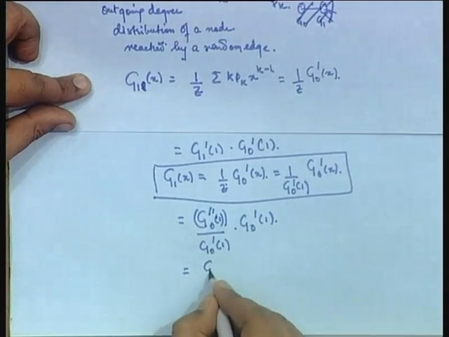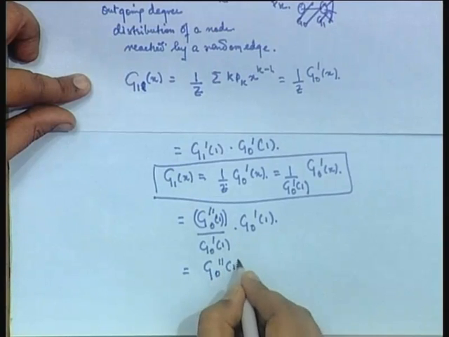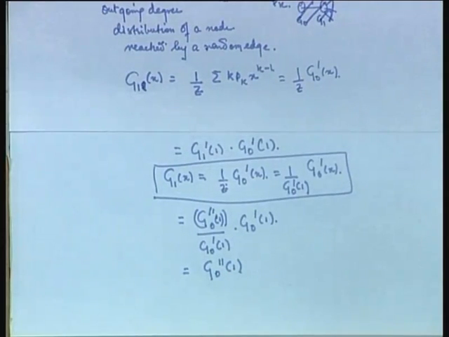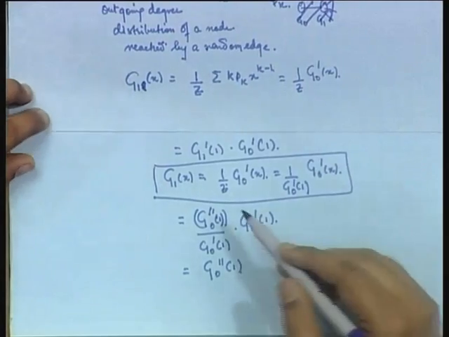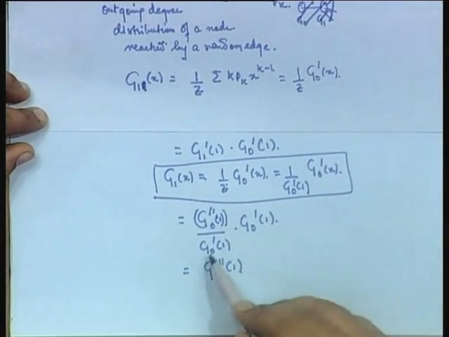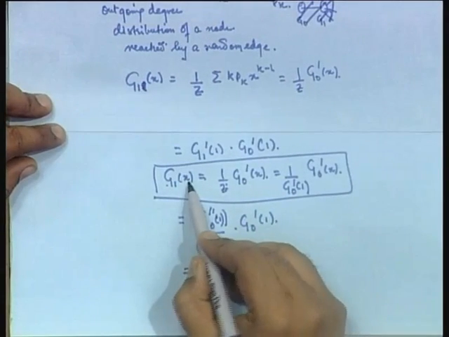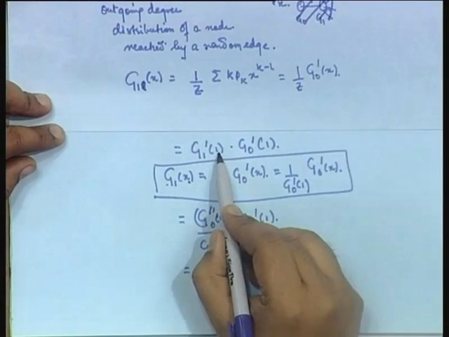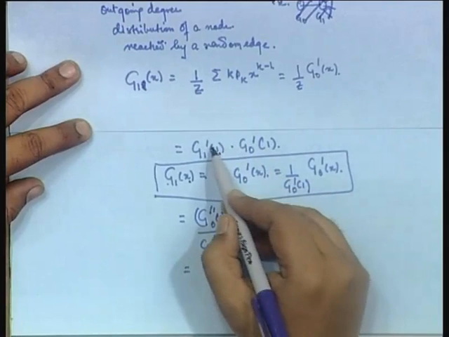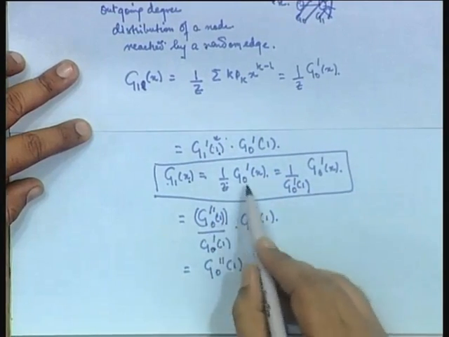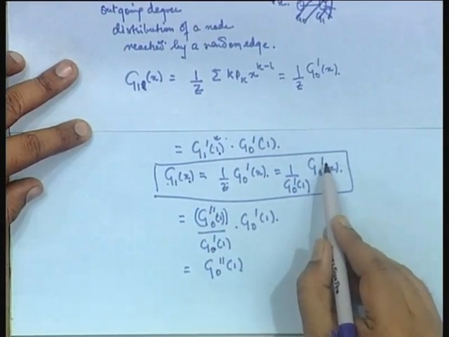So this gives us G0 double dash 1. Clear? This one. So because I have G1x and here I have G1 dash 1 or I had G1 dash x. Okay. So this will become double dash.